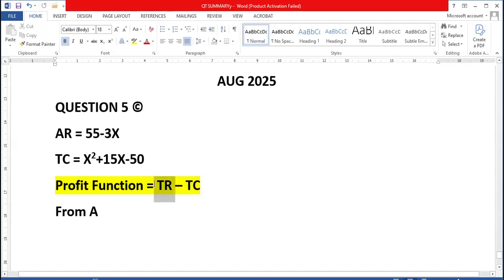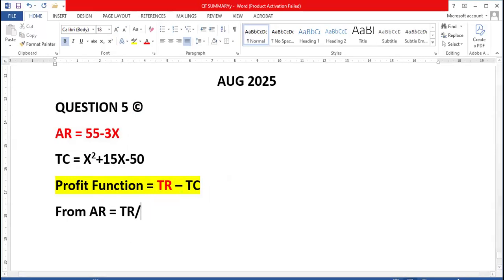But I don't have total revenue, but I am given the average revenue. Average revenue is equal to the total revenue divided by X, the total number of units.